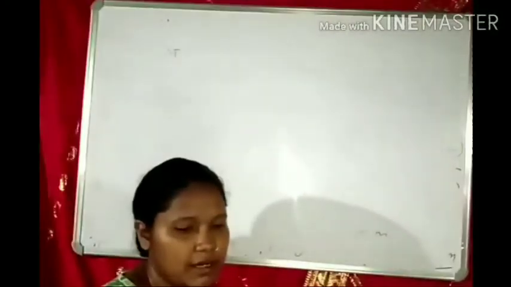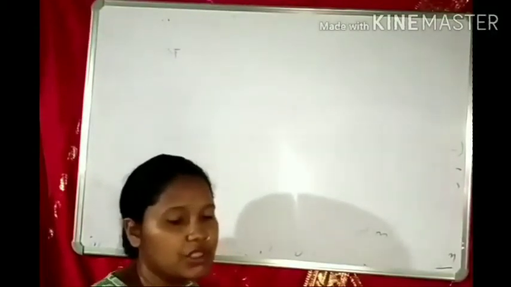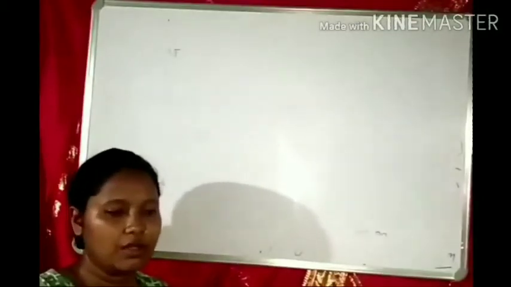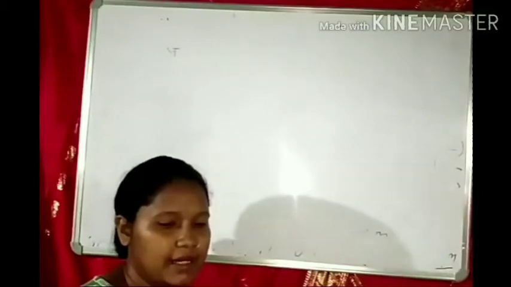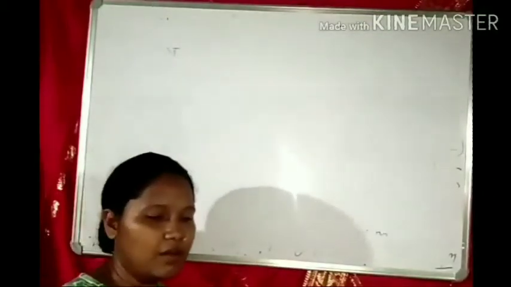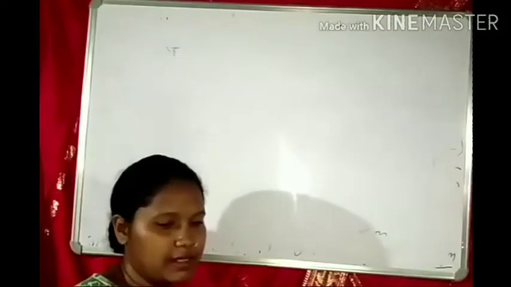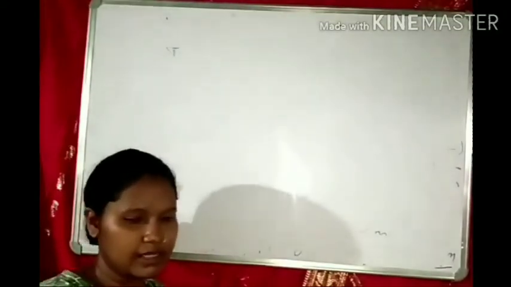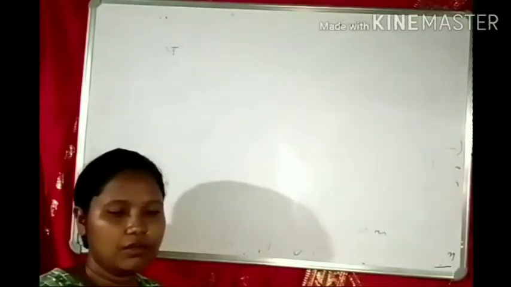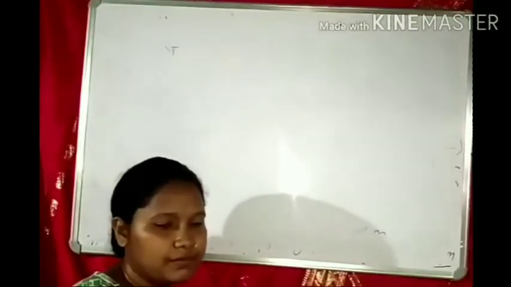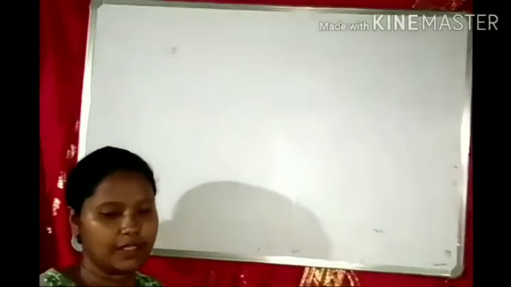Question number 6, you can do it like the previous one. Question number 6 is Lipika reads a book for 1 and 3 by 4 hours every day. She reads the entire book in 6 days. How many hours in all were required by her to read the book? So it is given 6 days. In 6 days you have to find how many hours. So 1 and 3 by 4 hours every day means in 6 days how many hours.